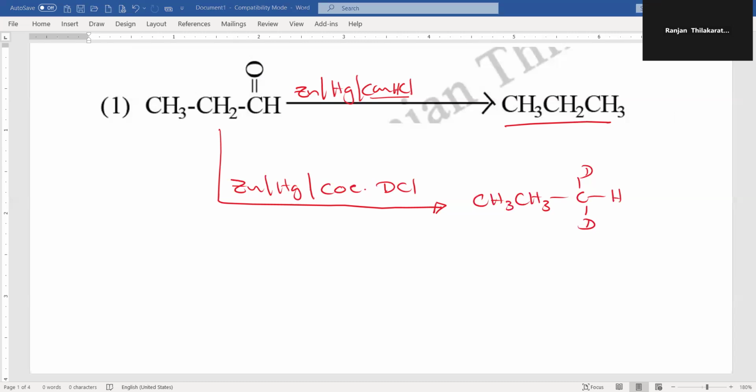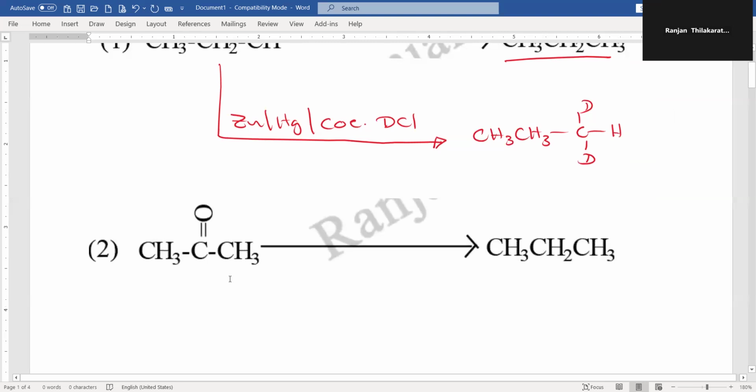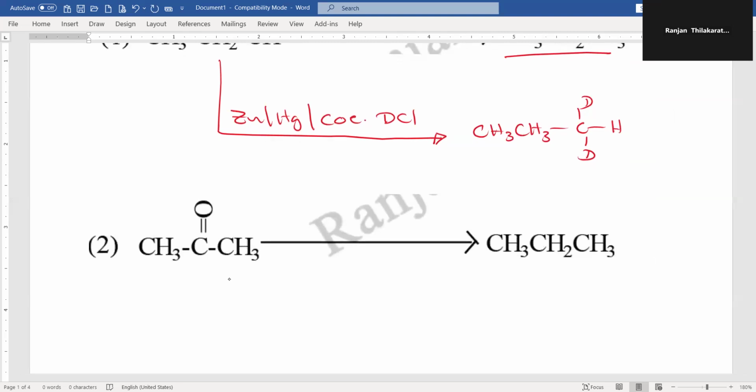Then second one is the ketone. If you have a ketone, then ketone can also be converted into the corresponding alkane just by adding Zn, Hg, conc. HCl. Then you will get this product.